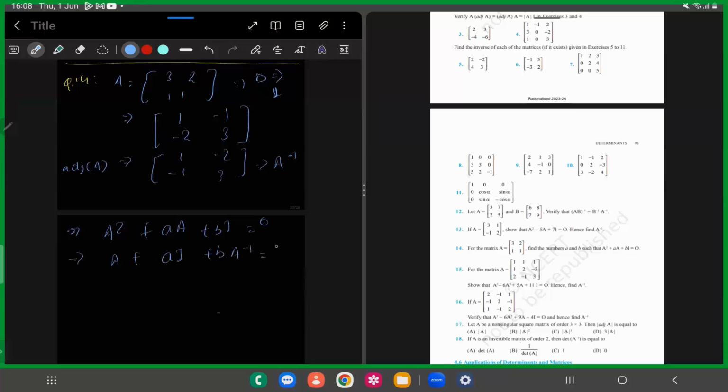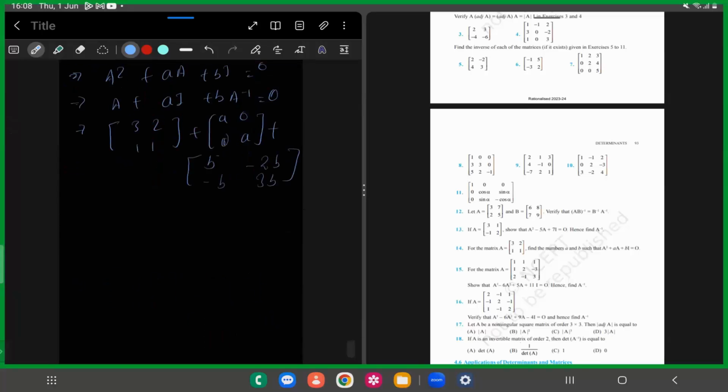Here the A matrix is 3, 2, 1, 1, plus a times I, which is a, 0, 0, a, plus b times A inverse, which is b, minus 2b, minus b, 3b.